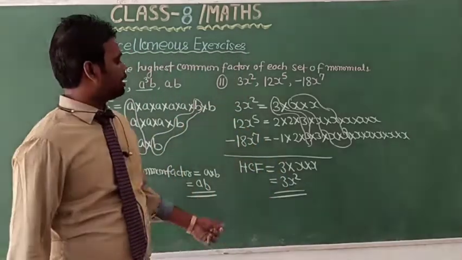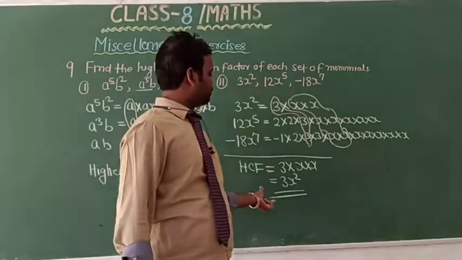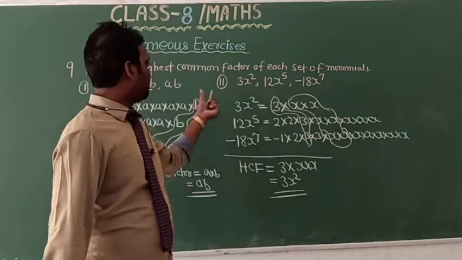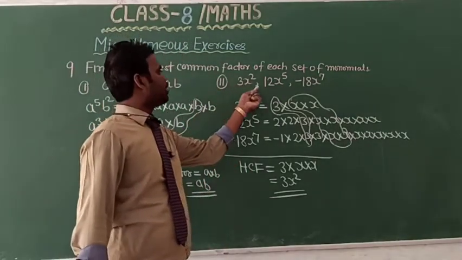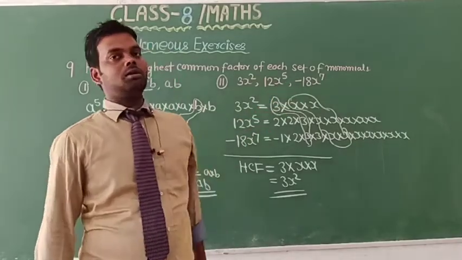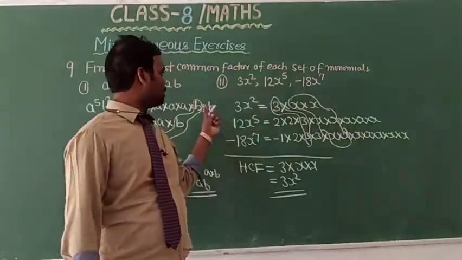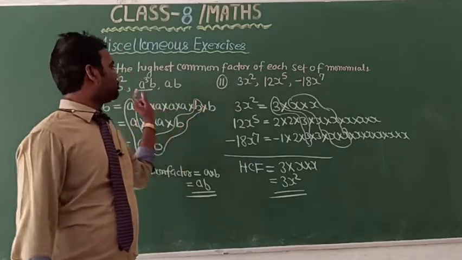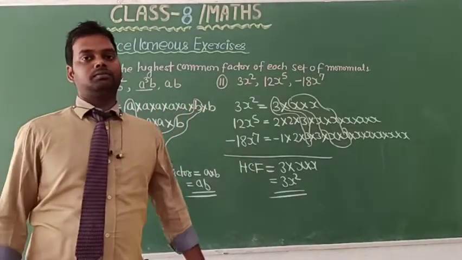So this is the common factor of the monomials 3x square, 12x to the power 5 and minus 18x to the power 7. So this is the solution of the second part of question number 9.